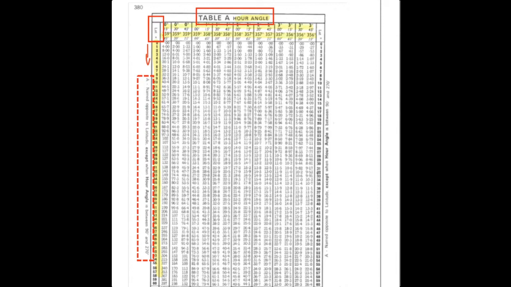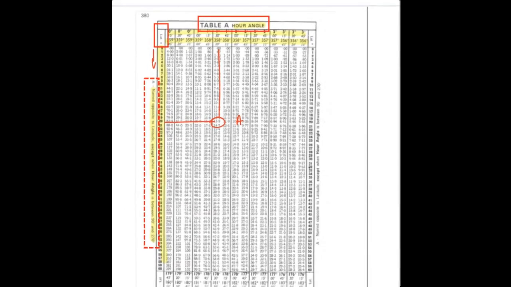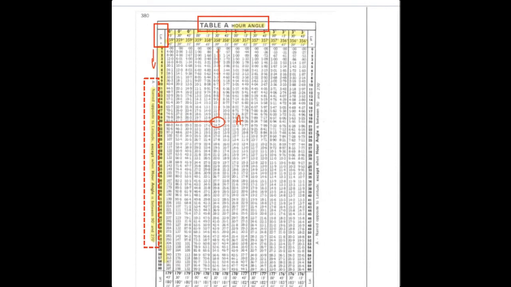If you make a combination of an hour angle and a latitude, you will find there the value for A, which is, as mentioned here, named opposite to latitude, except when the hour angle is between 90 and 270. Please pay attention: all you need to know is actually included in this table, even the signs that you have to give to the numbers. You simply just have to read and copy on your paper. Okay, voilà.